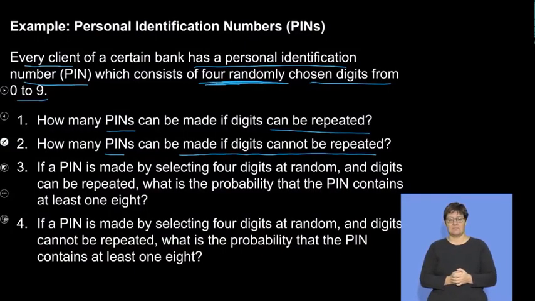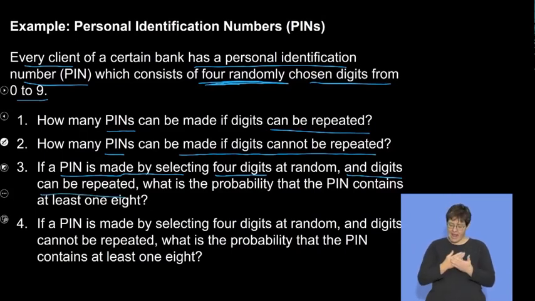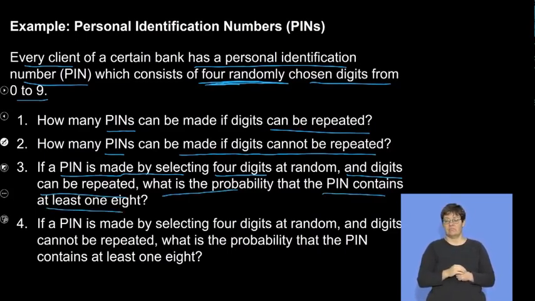Then followed by what? This is the application of probability now. If a PIN is made by selecting 4 digits at random and digits can be repeated, what is the probability that the PIN contains at least one 8?